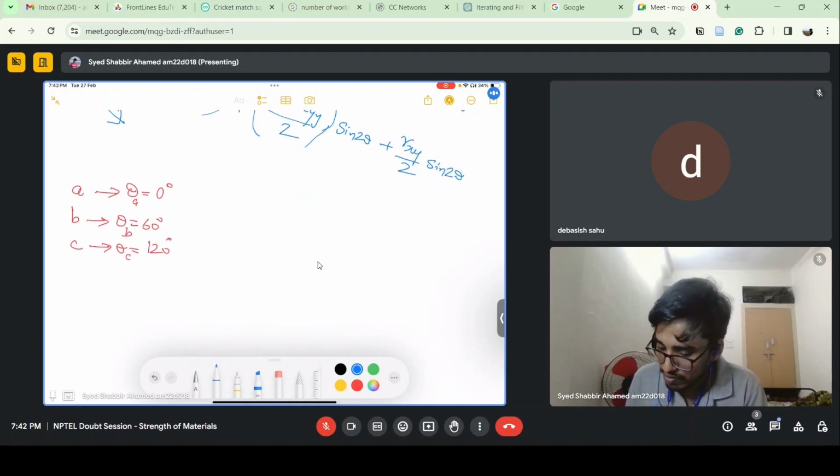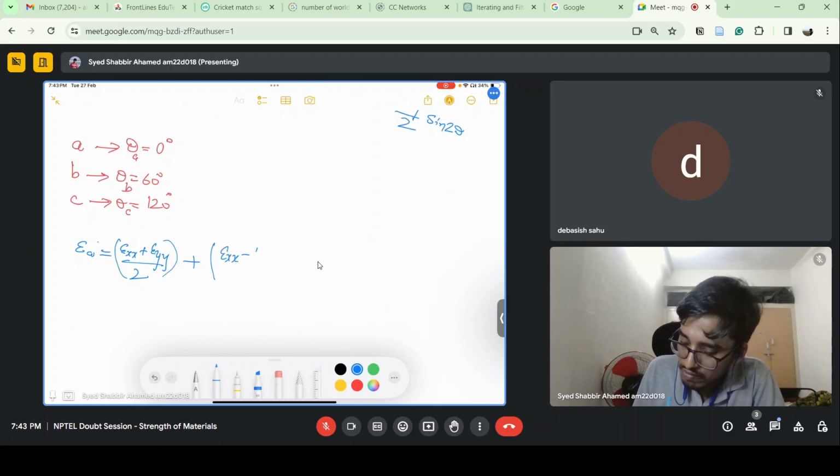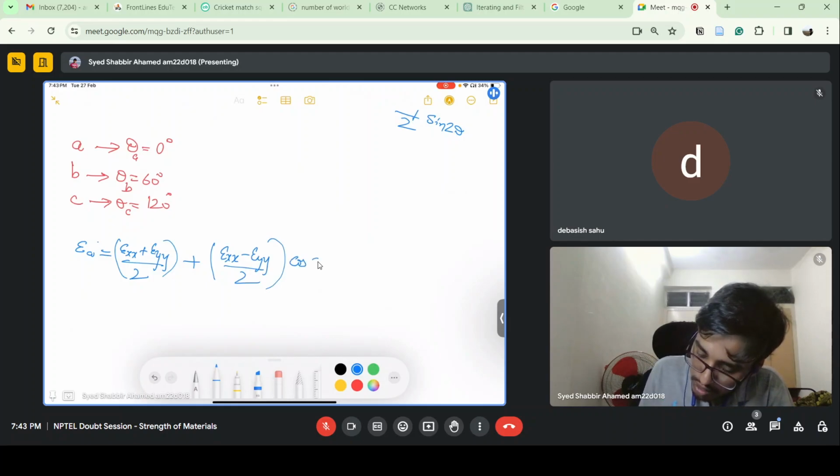Assuming I know epsilon xx, epsilon yy, and gamma xy, let's calculate epsilon A. That can be given as epsilon xx plus epsilon yy by 2, plus epsilon xx minus epsilon yy by 2 cos 2 theta, plus gamma xy by 2 sin 2 theta.